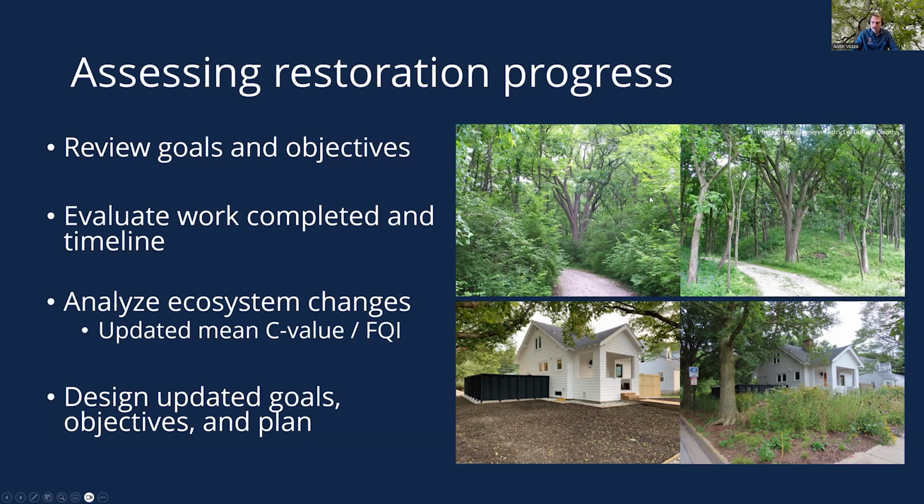We can infer that there are some changes in the C values and floristic quality within both of these systems, but that doesn't mean it's necessarily restored, and we need to come back and assess our progress and then update based on, we're definitely in a better place now, but how can we continue to adapt our management to address our future restoration goals and objectives.